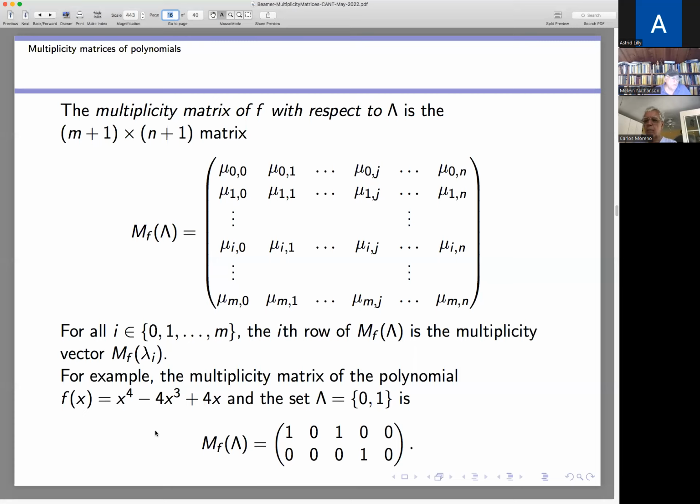And the second row is the multiplicity of 1 as a root of the derivatives of f. So this 2 by 5 matrix is the multiplicity matrix for this polynomial.